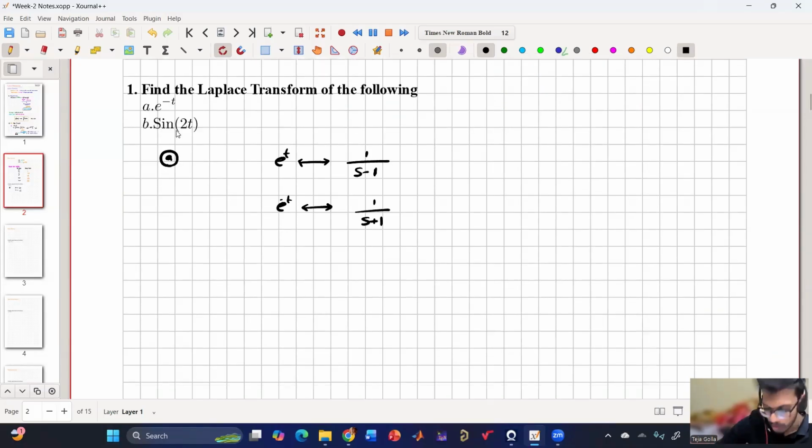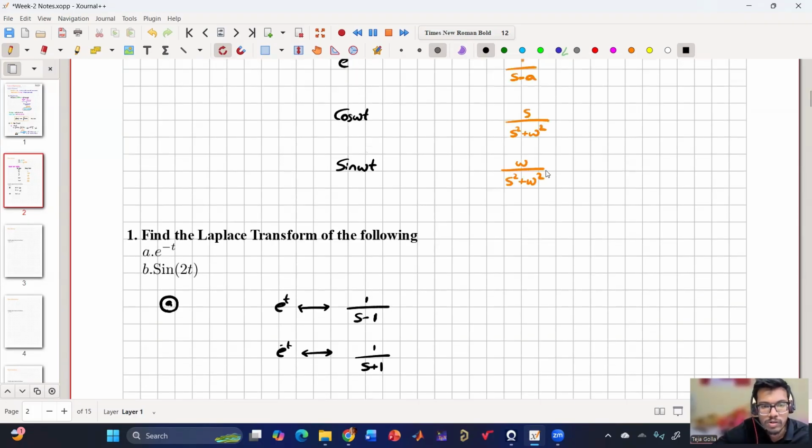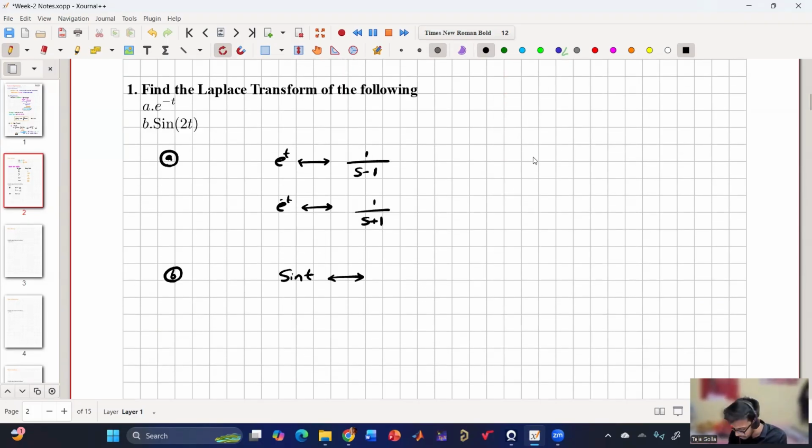Now if we solve problem number b, we have sin 2t. For sin t, what is the expression? With omega equal to 1, it will be 1 by s square plus 1.